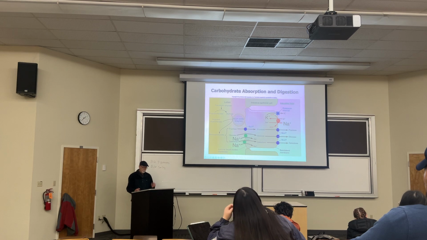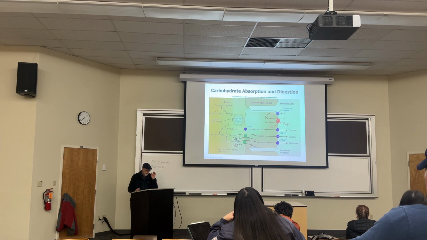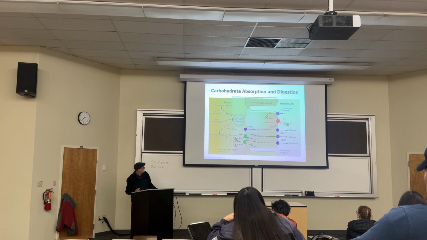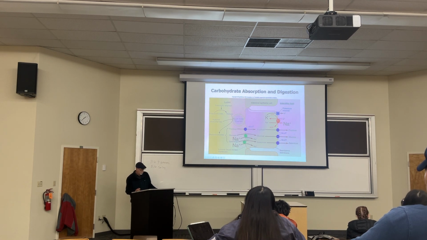And then on the basolateral membrane, what do we mean by that? This is the base of the cell over here. This is the lateral side, this is the lateral side. So this is the luminal side next to the lumen. So on the basolateral membrane, we can just move these monosaccharides down their concentration gradient.